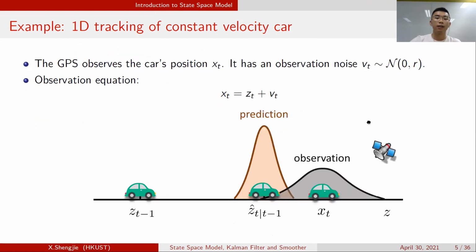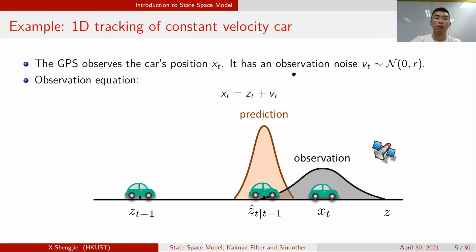And then simultaneously, we have a GPS, which is a sensor. It will observe the car's position. Its observation is denoted as x. So you should make a distinction between x and z. z is its real position, but x is the observation.